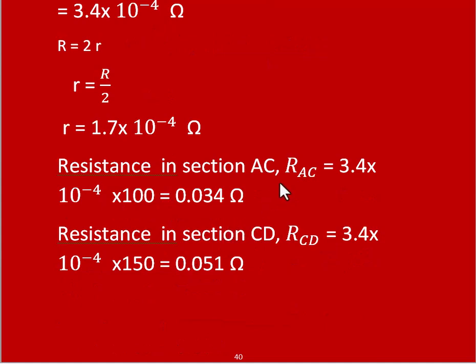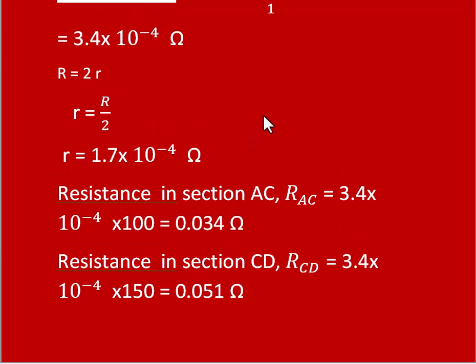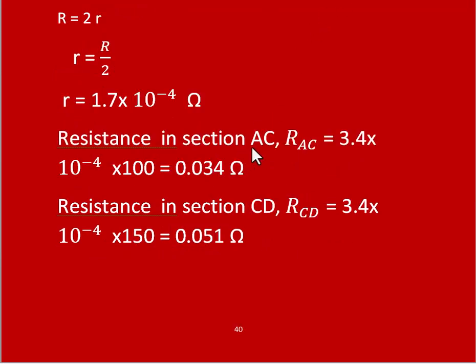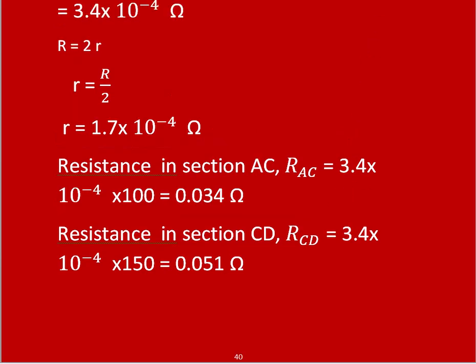Then we calculate the resistance in various sections of the DC distributor, that is RAC is nothing but 3.4 into 10 power minus 4 into 100. So 3.4 into 10 power minus 4 is nothing but DC distributor resistance per meter.